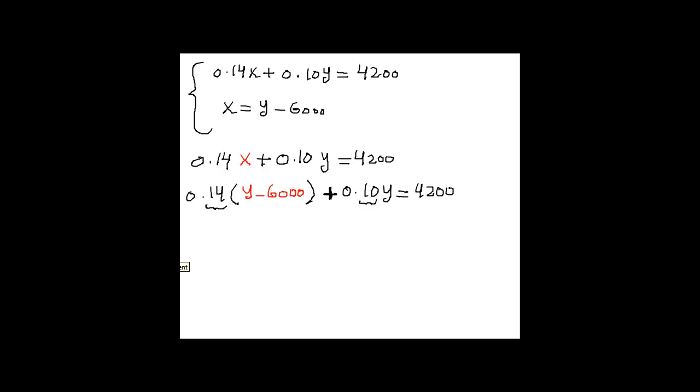So I have one term right here, one term right here, and one term right here. If I multiply each of these terms by 100, I would eliminate the decimal. So that's what I'm going to do right now. I'm going to multiply each of these 3 terms by 100.